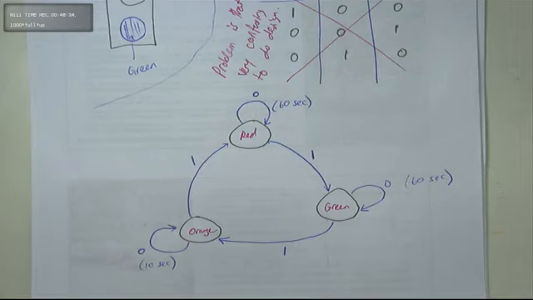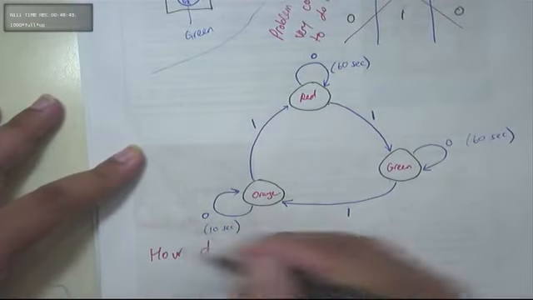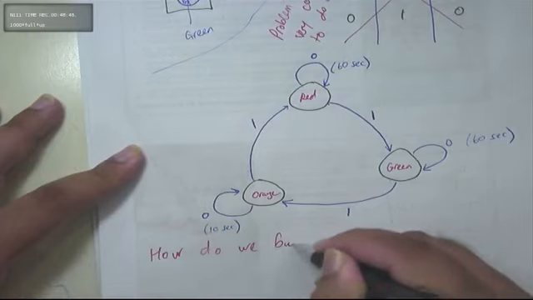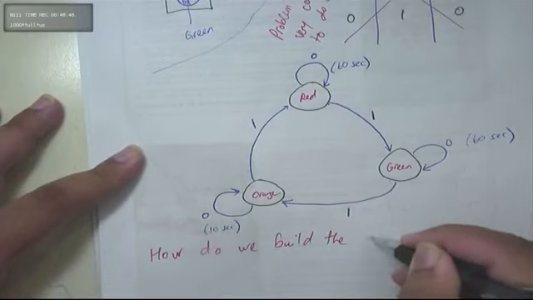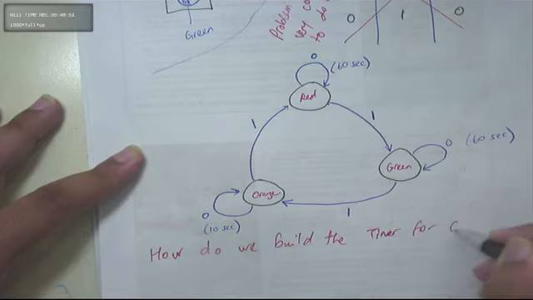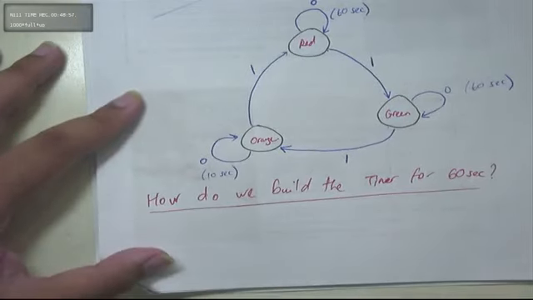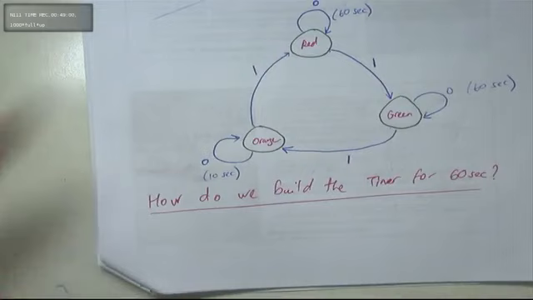So we now build a 6-bit flip-flop system. We're talking only about the timer over here. How do we build the timer for 60 seconds? Now 60 seconds would take up 6 bits.